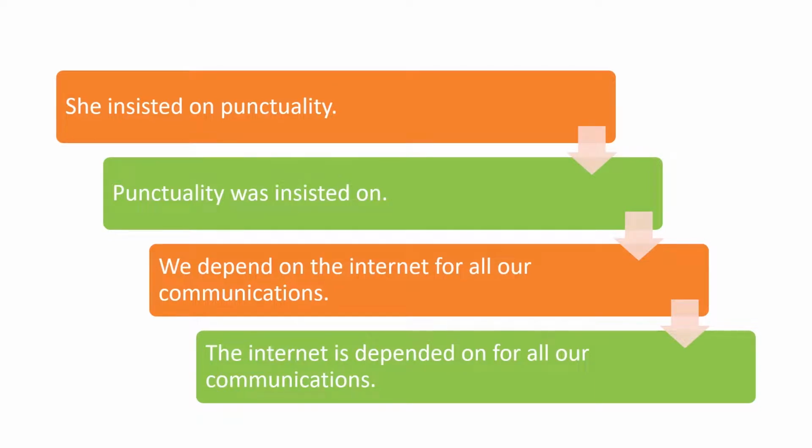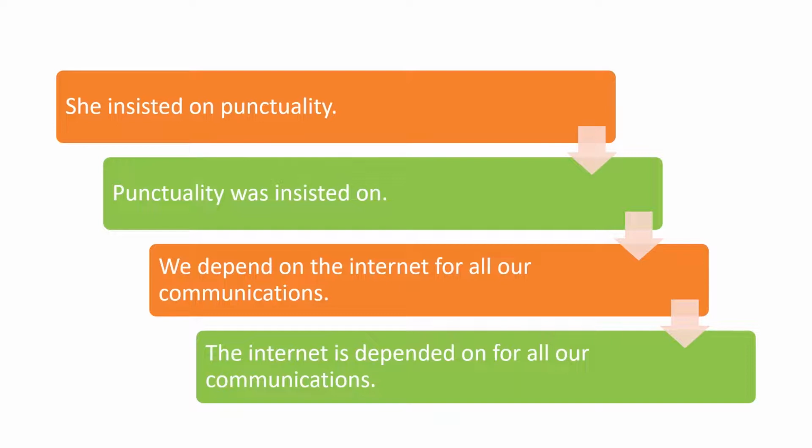We have insisted on, we change it to insisted on. It's the same because insisted here is a regular verb with ed. But before that we have was. Punctuality was insisted on.